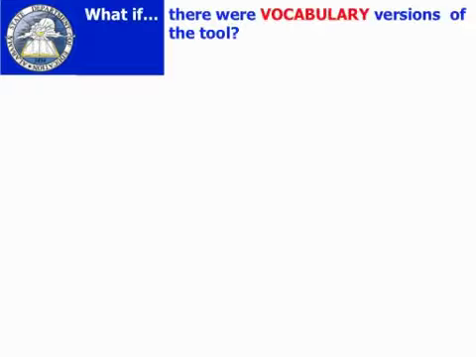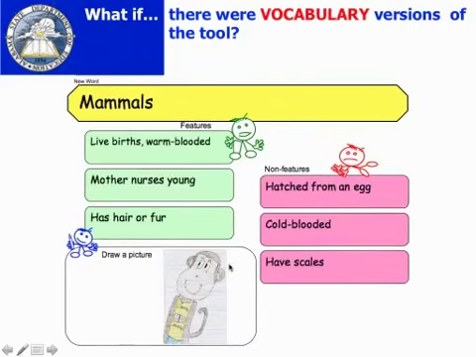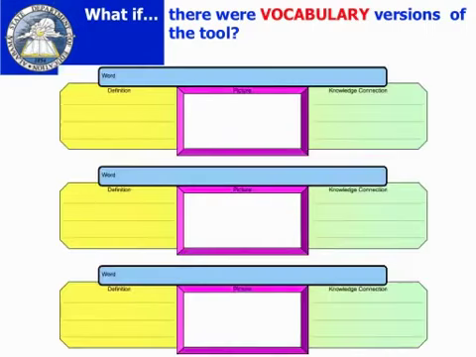What if there were vocabulary versions of the tool? So here's an example of a very simple one. We have a new word. What are the key features in the definition of the new word, and what are non-features, what it is and what it's not, and draw a picture. So mammals: live birth, warm-blooded, mother nurses young, has hair, fur. Mammals are not hatched from an egg, they're not cold-blooded, they don't have scales.